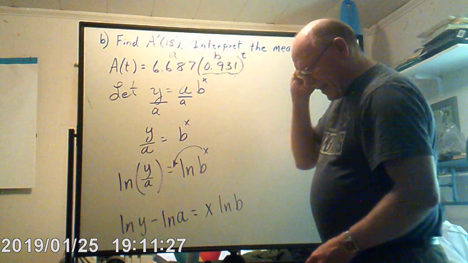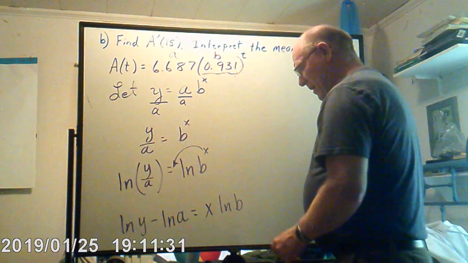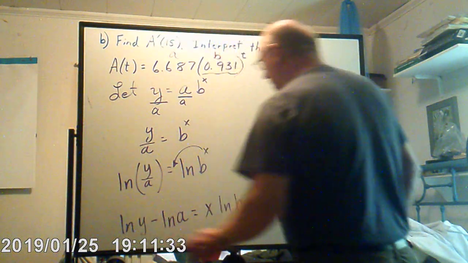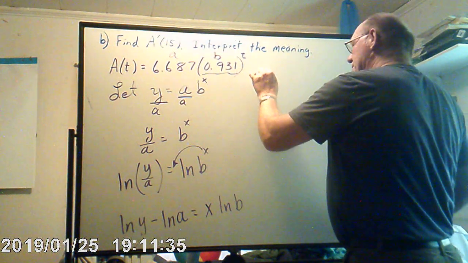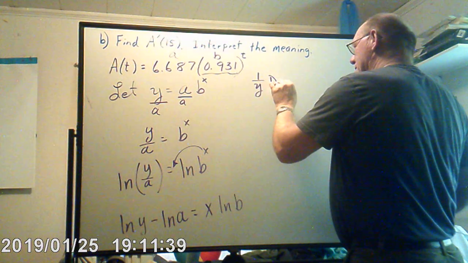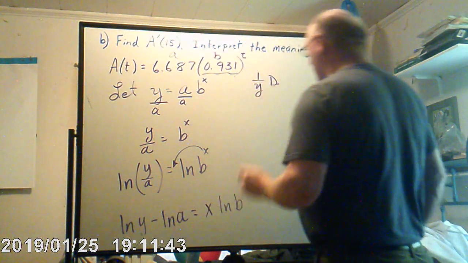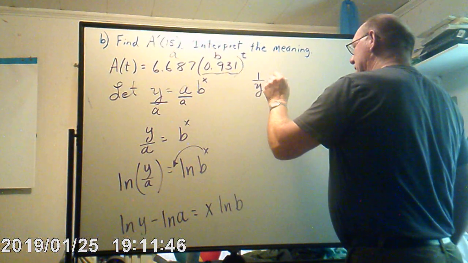If I take the derivative of both sides, the derivative of ln of Y is 1 over Y times dy over dx.